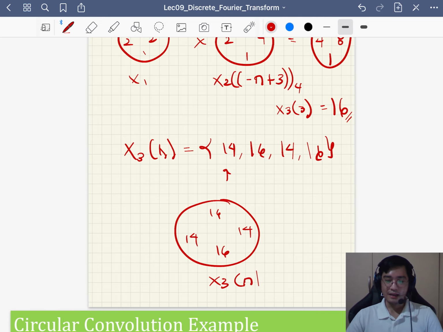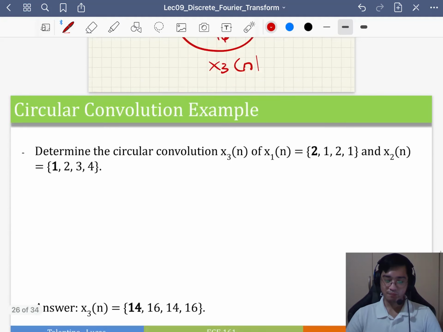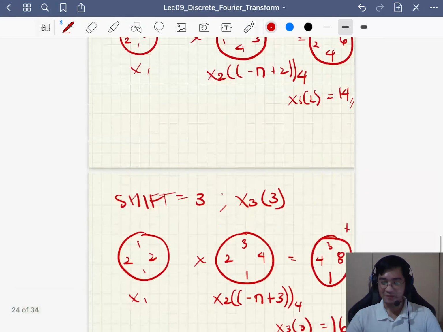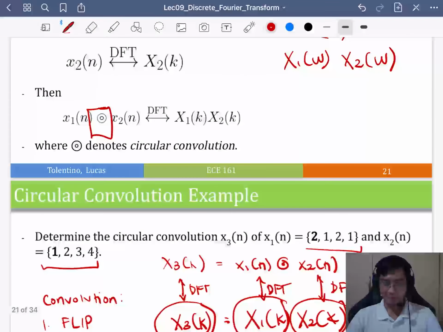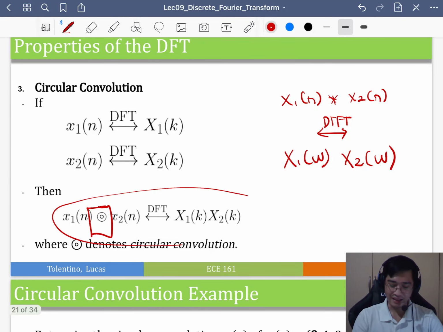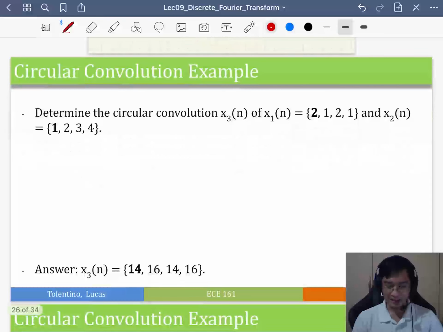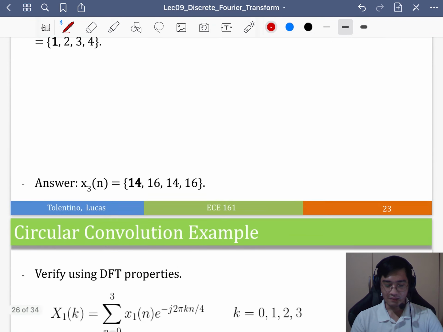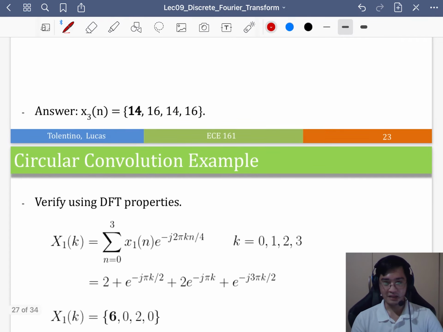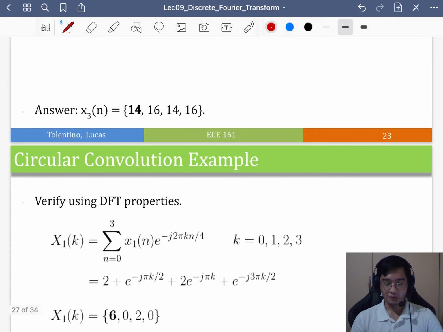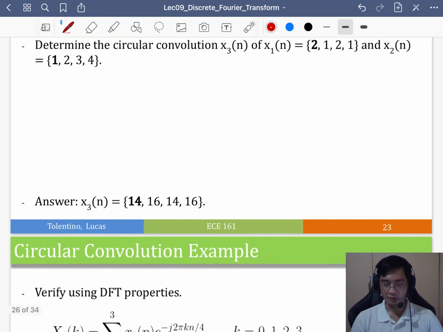If you want to prove the property of this one, let's try it. We have a result here. x3 is 14, 16, 14, 16. We verify using DFT properties. So first we get x1 of k.